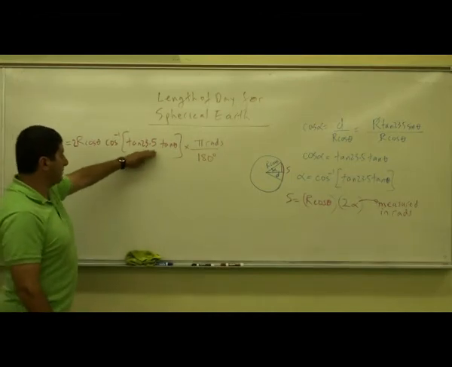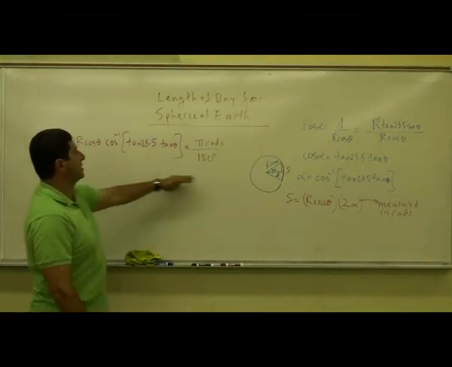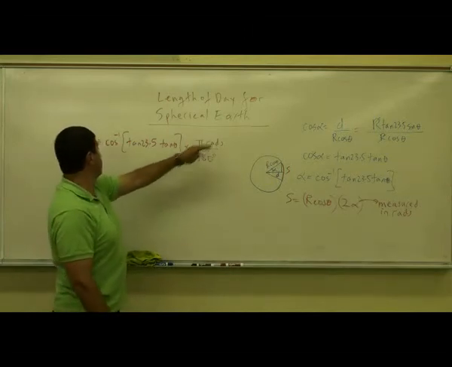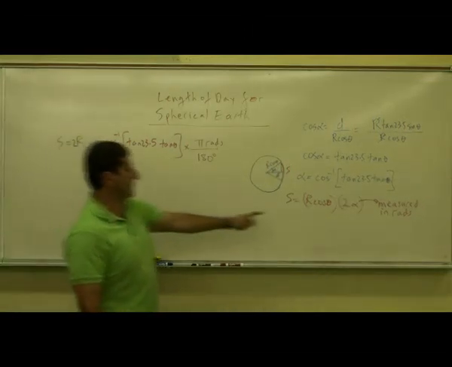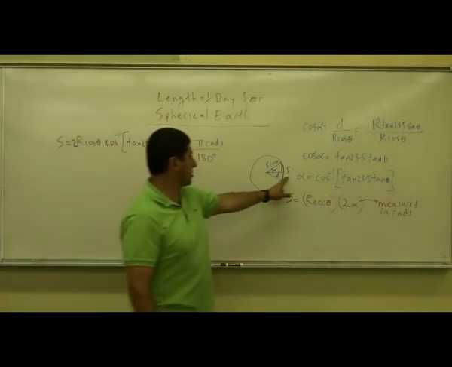That means I can keep this in degrees, keep this in degrees. This whole thing will give me degrees. This one will convert it to radians. The 2 will come from the 2, and then the r cosine theta. That's going to give me this arc length.